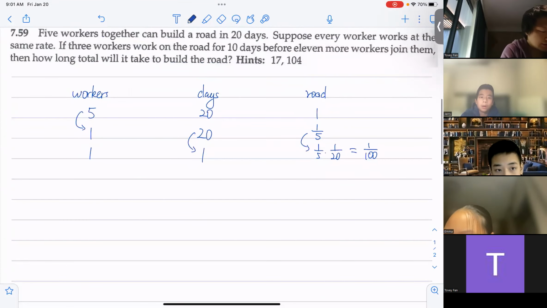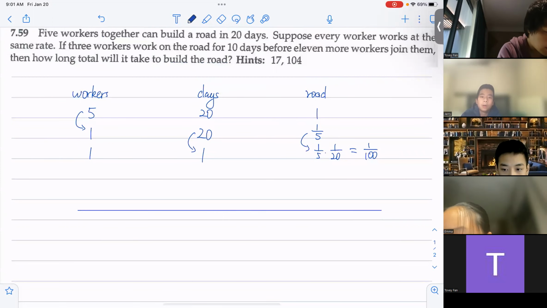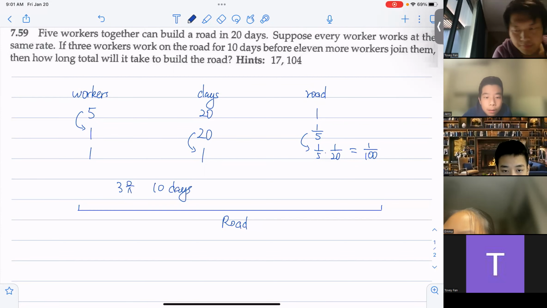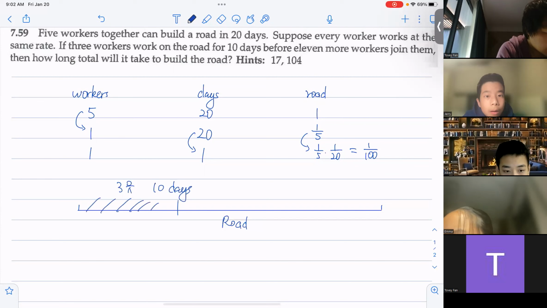Okay, so that makes sense. To help understand this, if you draw a diagram, something like a road, right? Let's say this is the road. In the beginning, you have 3 workers working for 10 days on the road. So they must have finished some part of the road, right? Say that they finished this part.